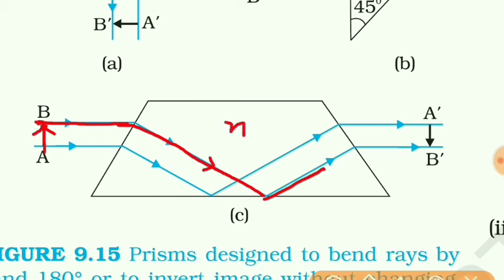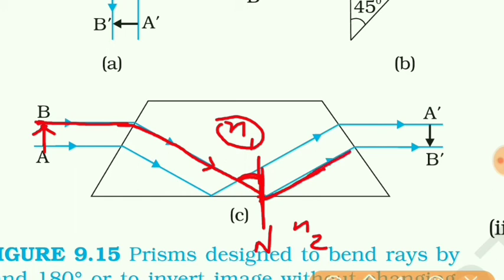Suppose this is N1, made up of glass, so it is denser, and this N2 is a rarer medium, that is air. So when the ray strikes at this point, this is the normal and the angle made here is greater than the critical angle, so the ray suffers total internal reflection.